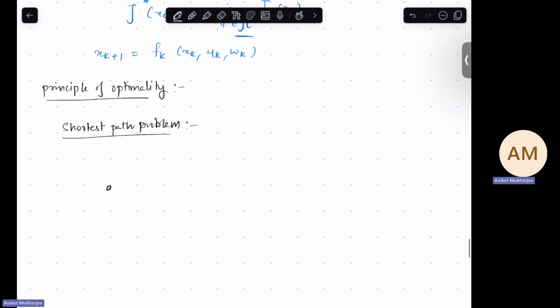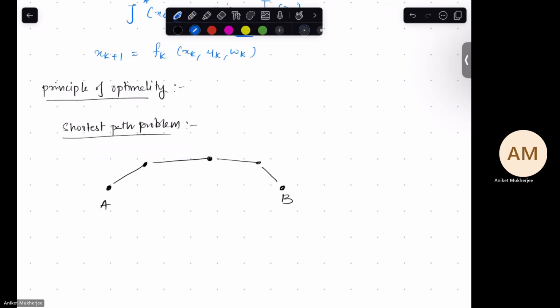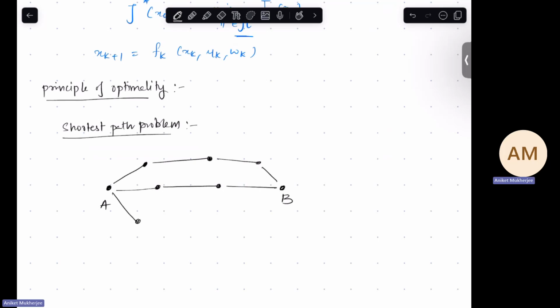But just to see what we're trying to do here: suppose I have a state A, I have a state B. To go from state A to state B, I can go through this path where I have three intermediate nodes. Similarly, I can go from A to B in this path, and in this path, and in this path.